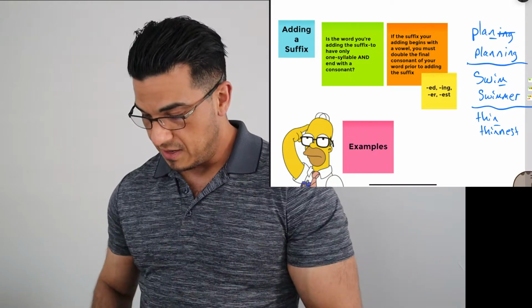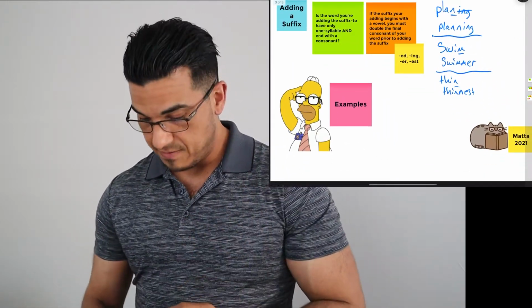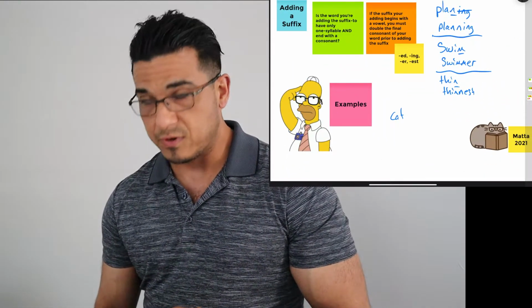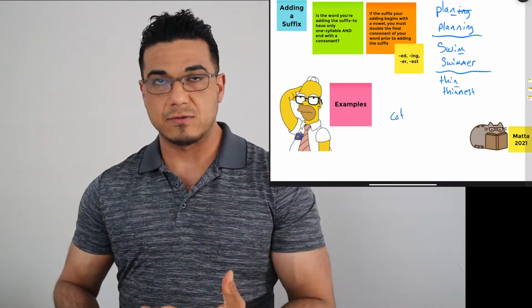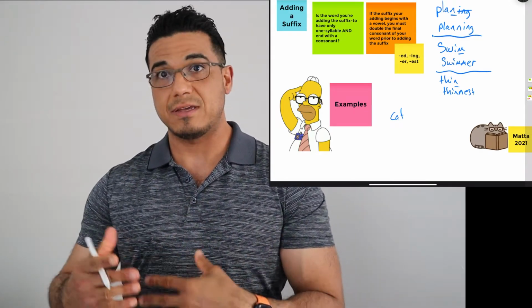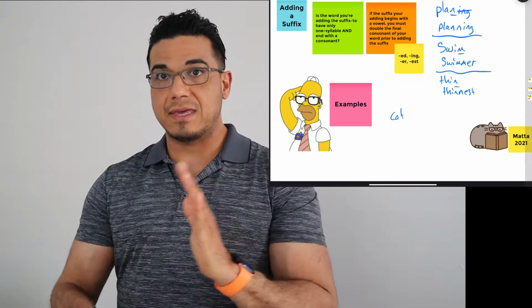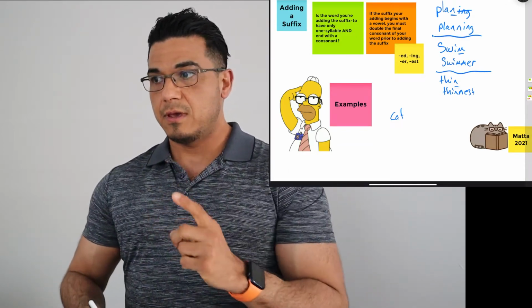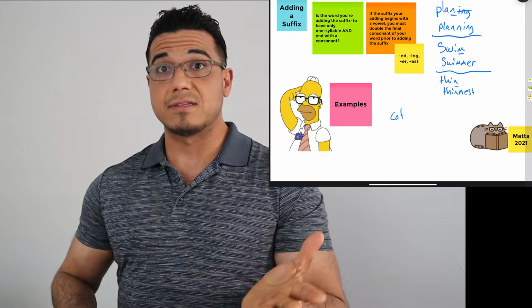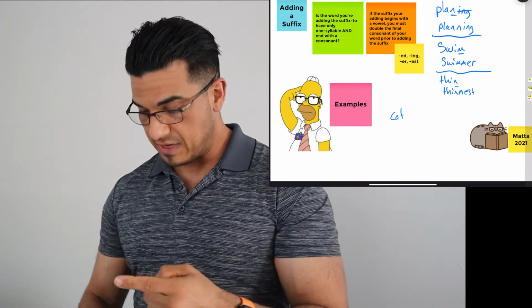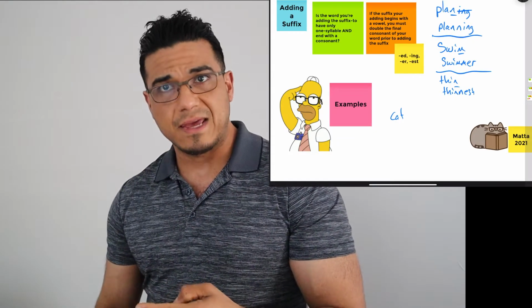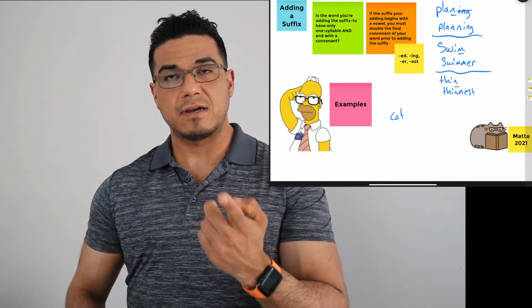Some non-examples: let's say I have the word cat, and I want to add a suffix to it, like make it a plural, so say that there are cats. Well, cat is one syllable. It ends with a T, it's a consonant. Let's see, I'm going to add an S. Oh, wait a moment. An S is a consonant as well.